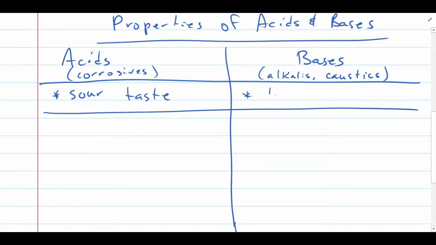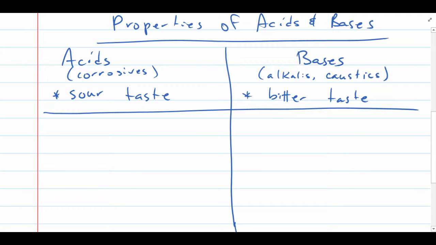And then bases, we often say these have a bitter taste. Not a better, but a bitter taste. Anything that anyone could describe as having a bitter taste? Well, I don't know if you ever tasted unsweetened chocolate before, but unsweetened chocolate has a bitter taste.